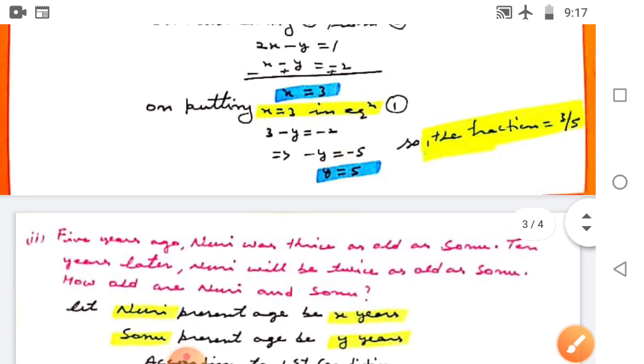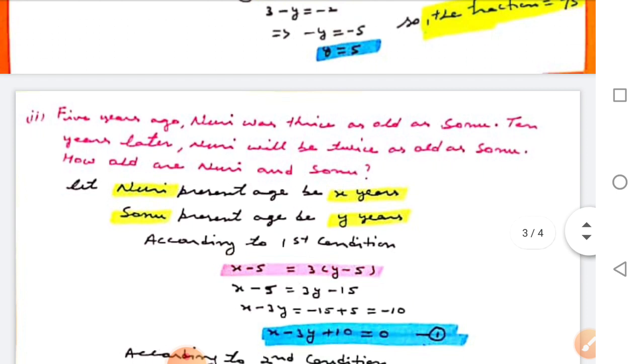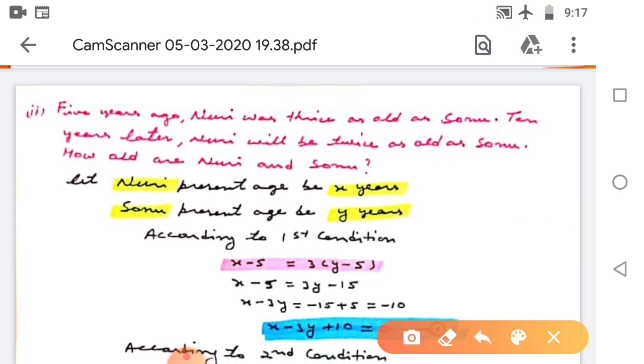Right? Now come to the second part. The second part is: 5 years ago Nuri was thrice as old as Sonu. Clear? 10 years later Nuri will be twice as old as Sonu.